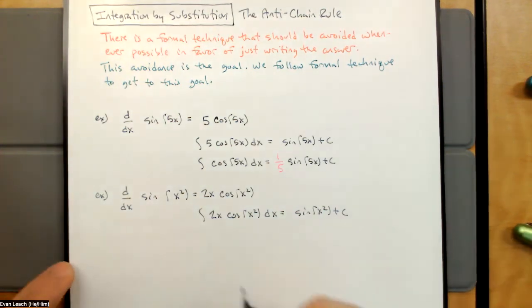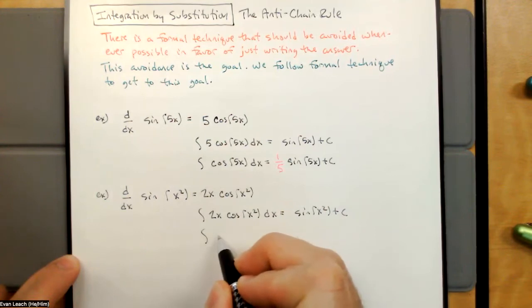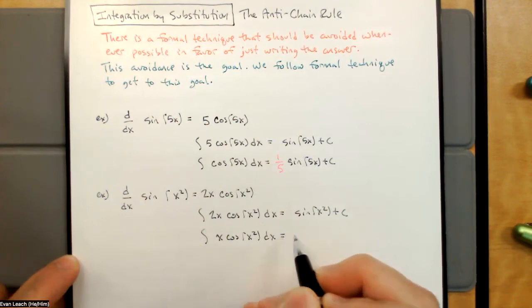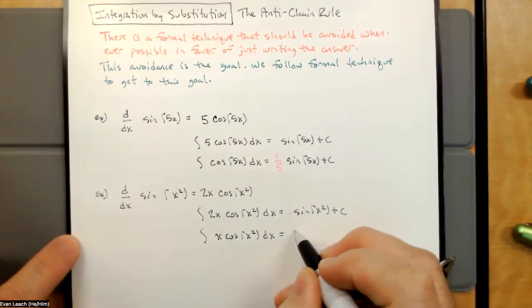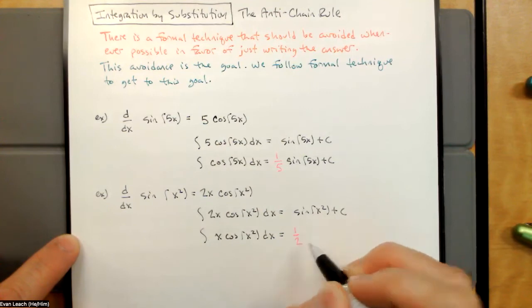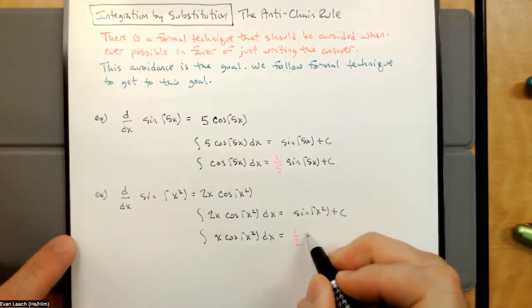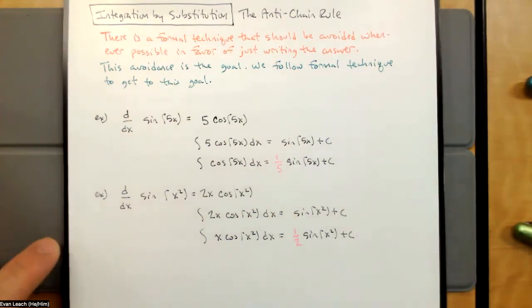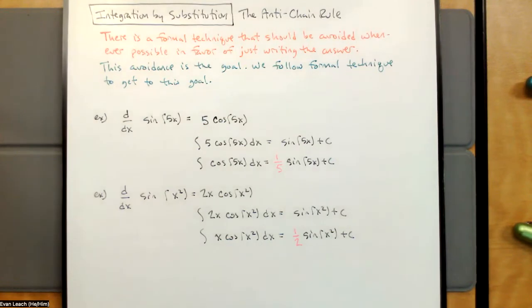So it would be reasonable to say that the integral of x cosine of x squared dx is 1/2 sine of x squared plus c. The constants we can move around. The derivative of a constant times a function is that constant times the derivative of a function. We can shift the constant, but not just the derivative of the inside.